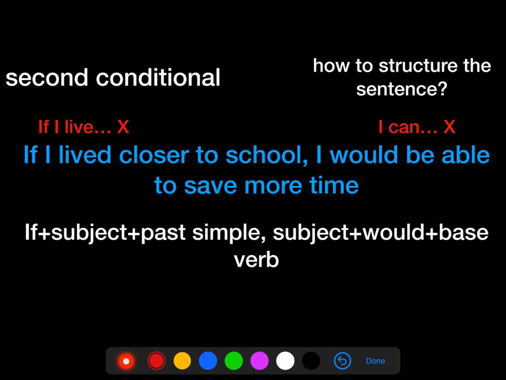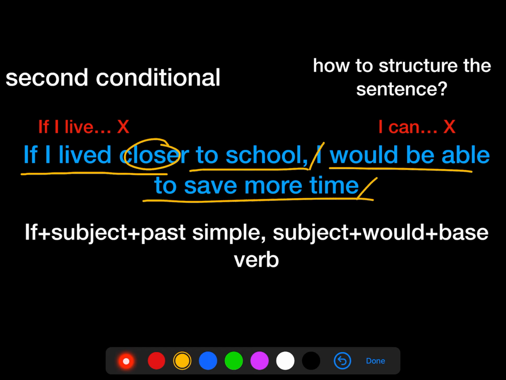So, how can we structure the sentence? Let's have a look. If I lived closer to school, I would be able to save more time. How can we structure the sentence? First of all, if, subject I, lived, past simple.